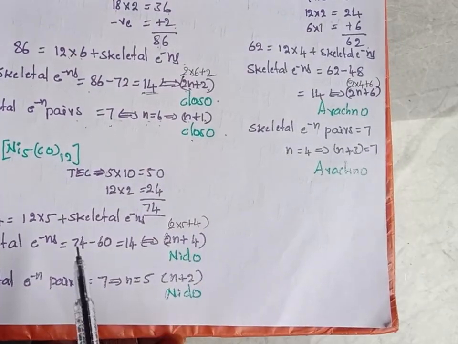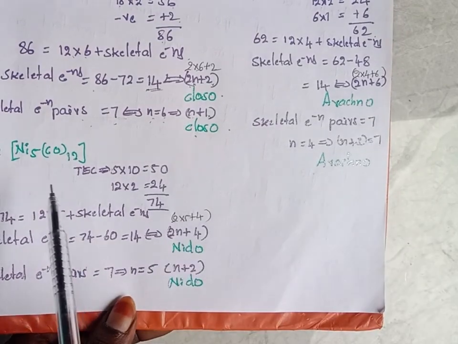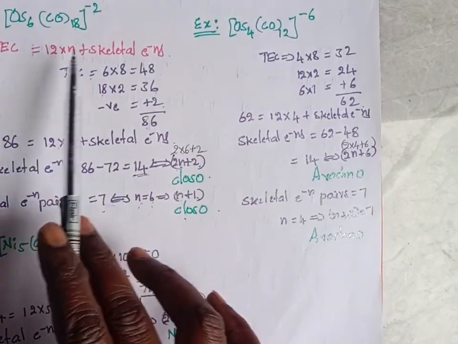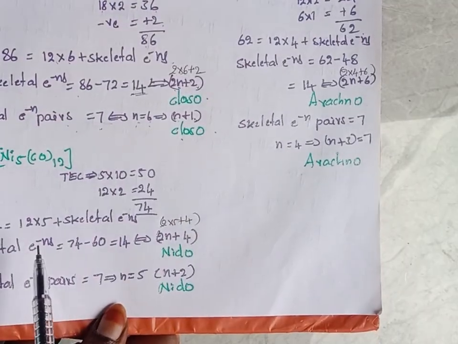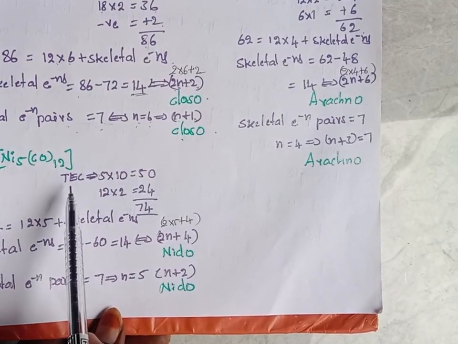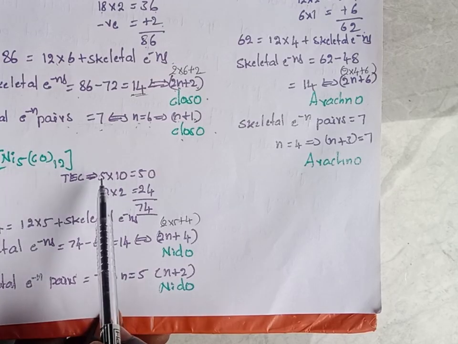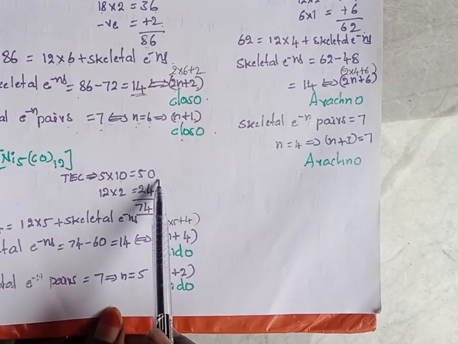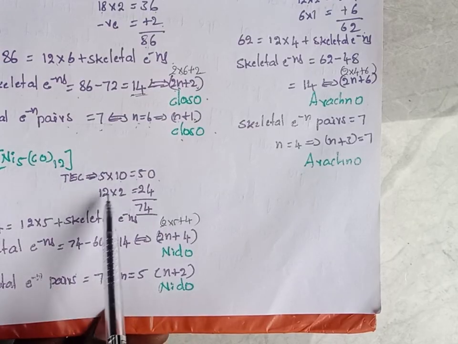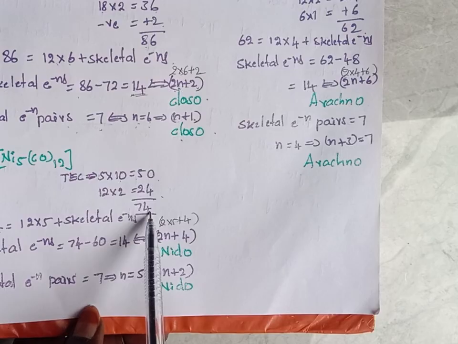Let's see another example, Ni5(CO)12. The principle is total electron count equals 12n plus skeletal electrons. First the total electron count: 5 metal atoms, 5 into the valency of nickel, 10, is 50. 12 carbonyls, 12 into 2, 24. So total electrons are 74.